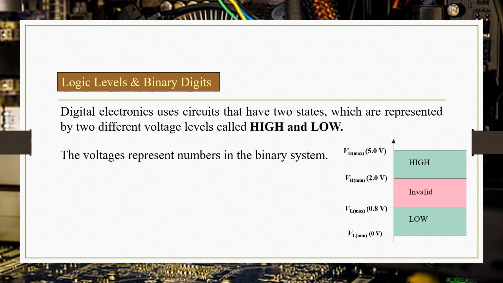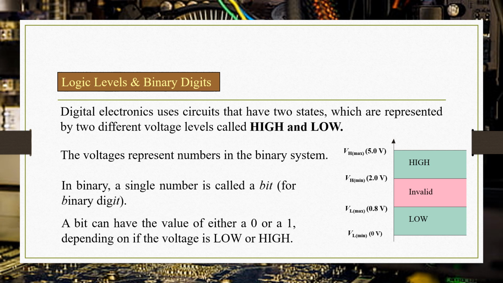And if the voltage is in between 2 to 5, it represents the high logic level, and the voltage in between 0.8 to 2.0 is treated as an invalid state. The voltages represent numbers in the binary system. In binary, a single number is called a bit, and a bit can have the value of either 0 or a 1 depending on if the voltage is low or high.